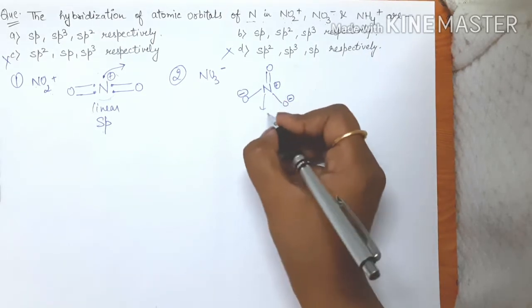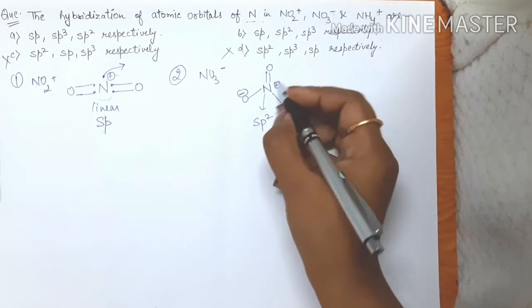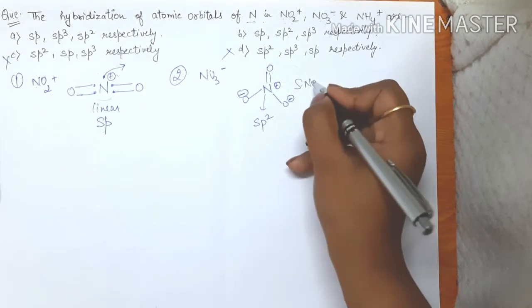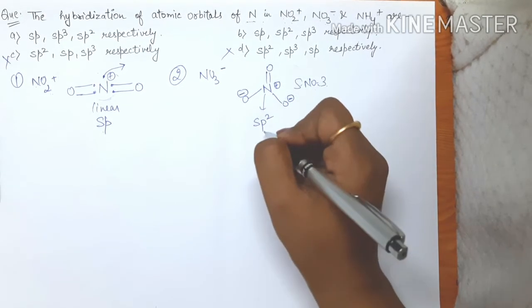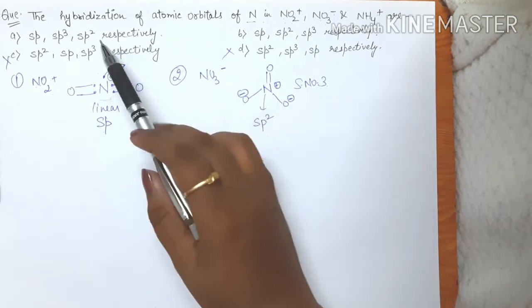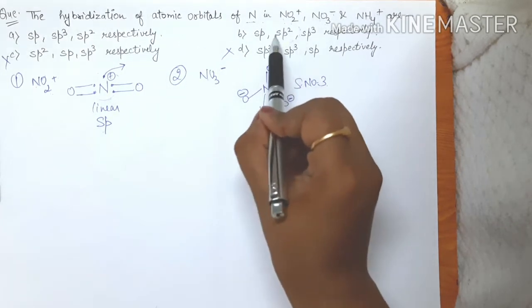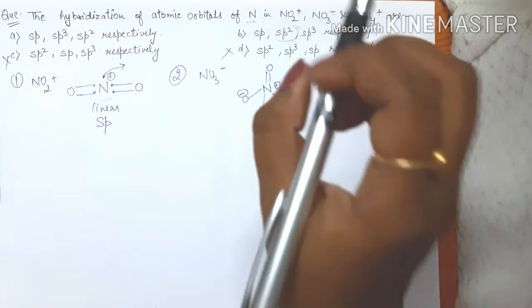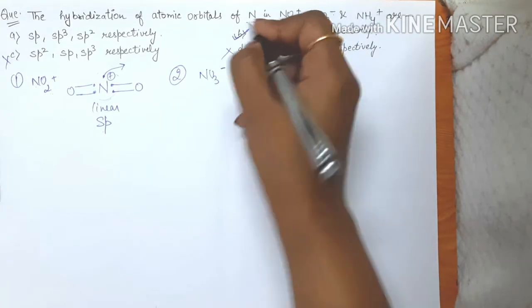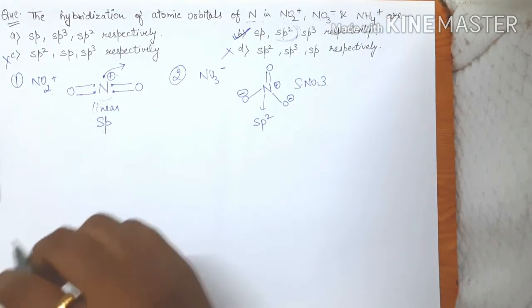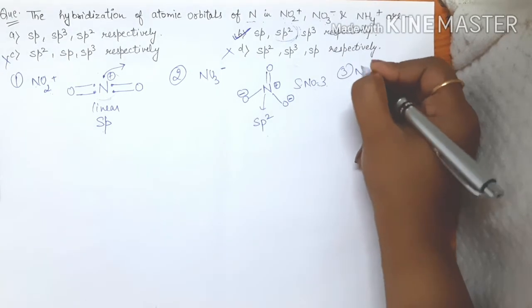So here the steric number is 3, so hybridization is sp2. So out of A and B, this one is having sp2 hybridization for NO3 negative, so definitely answer is going to be option B, but for practice purpose we are going to solve for NH4 positive also.